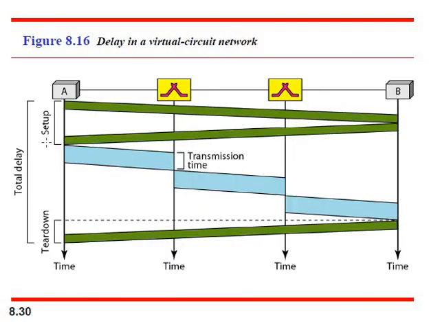So this diagram illustrates the setup phase from A to B, where the resources are allocated, that is switches and links. Once the setup phase is completed, you can transfer the data by using the VCIs, and then comes the tear down phase.